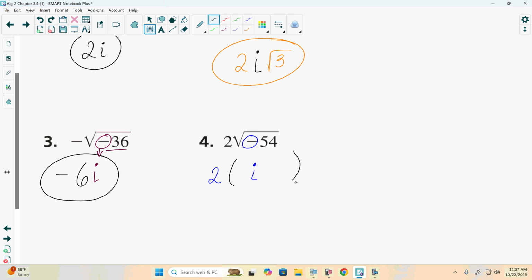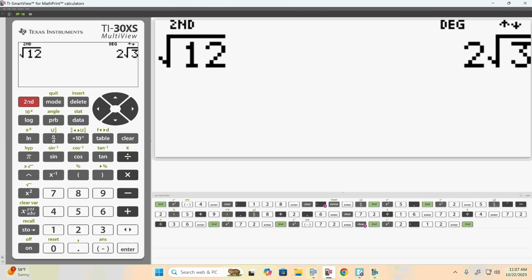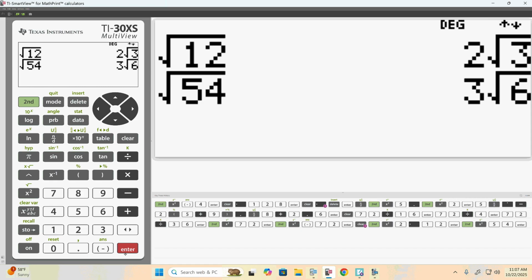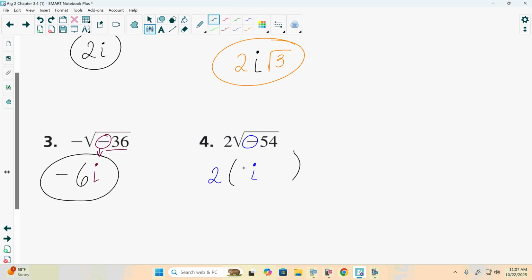Now, if we work through the factors, we can try to see, are there perfect square factors of 54? And that would be 6 times 9. Square root of 9 is 3. 6 would stay inside the square root. So 3 square root of 6, because our 9 would simplify to 3. Telling us that the square root of negative 54 is 3i square roots of 6.